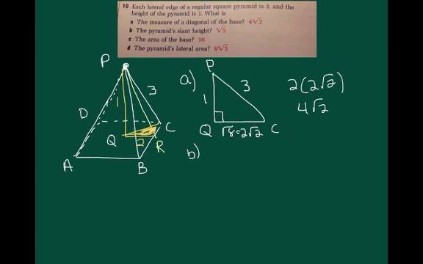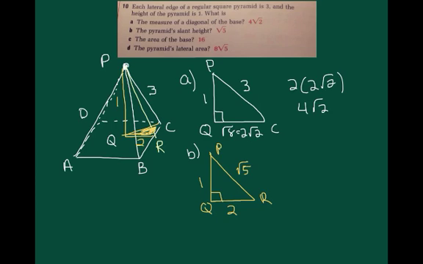So since I already know QP, I'm going to use triangle PQR, where PQ is 1, QR is the new side I just found, 2, and since that makes a right angle there, I have another right triangle where I'm trying to find PR. PR, by the Pythagorean theorem, will be square root of 5, just as it is in the answer.